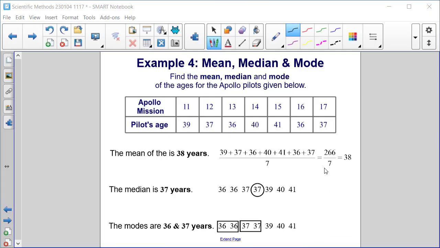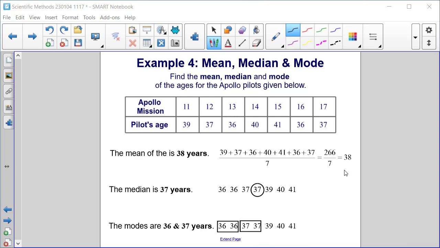So for the mean, we just add each of the ages up. So 39, 37, 36, 40, 41, 36, 37. Just add all of those. We get 266. Divide by the total number of pilots. So 1, 2, 3, 4, 5, 6, 7. And we get a mean of 38 years.